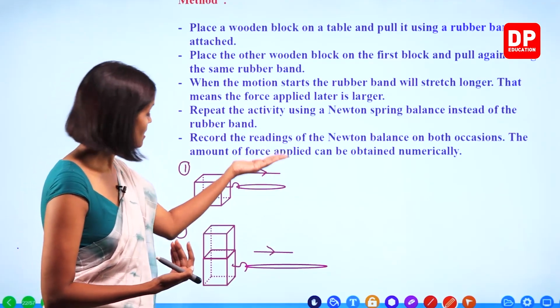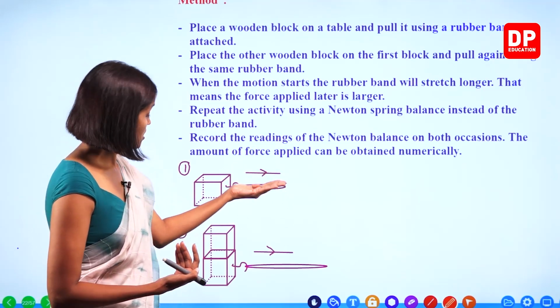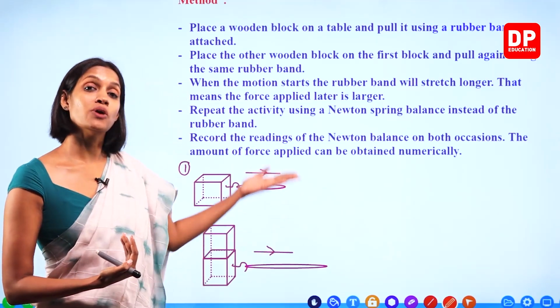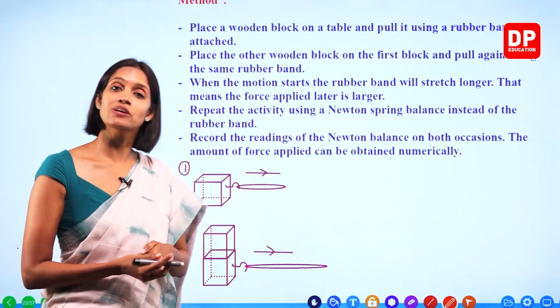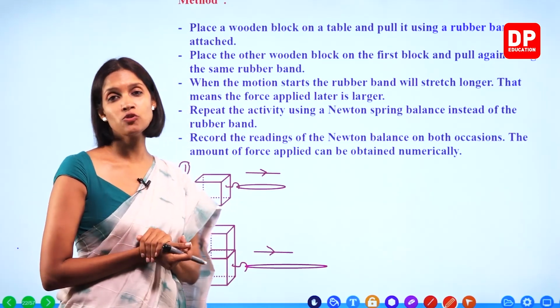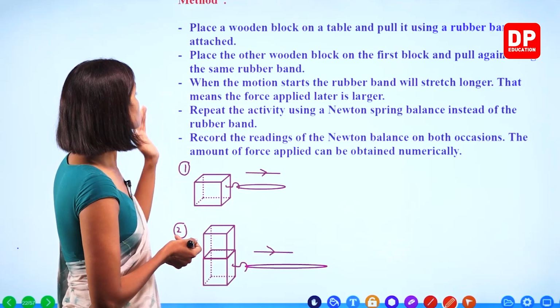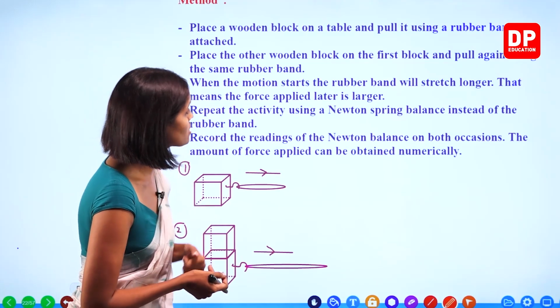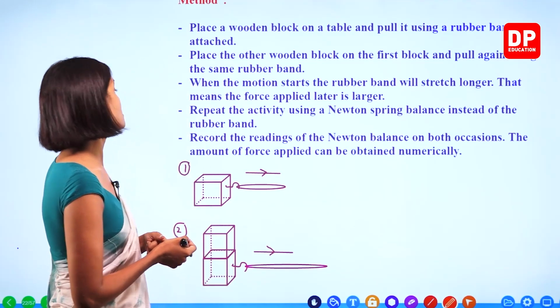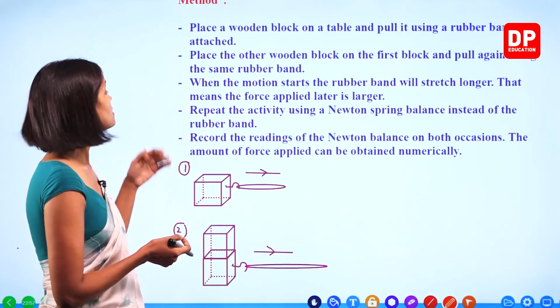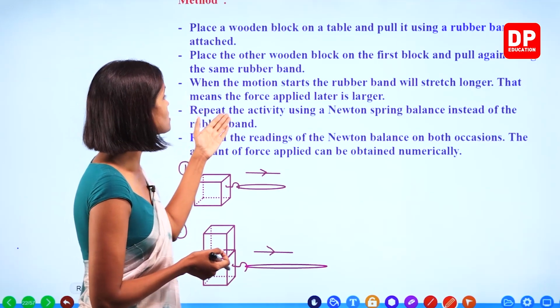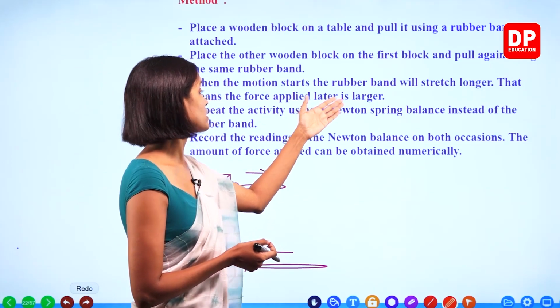So in the second instance, higher value will be given by the Newton spring balance. So that is what we are going to observe in this activity, right? So repeat the activity using a Newton spring balance instead of the rubber band, right? Record the readings of the Newton's balance on both occasions.